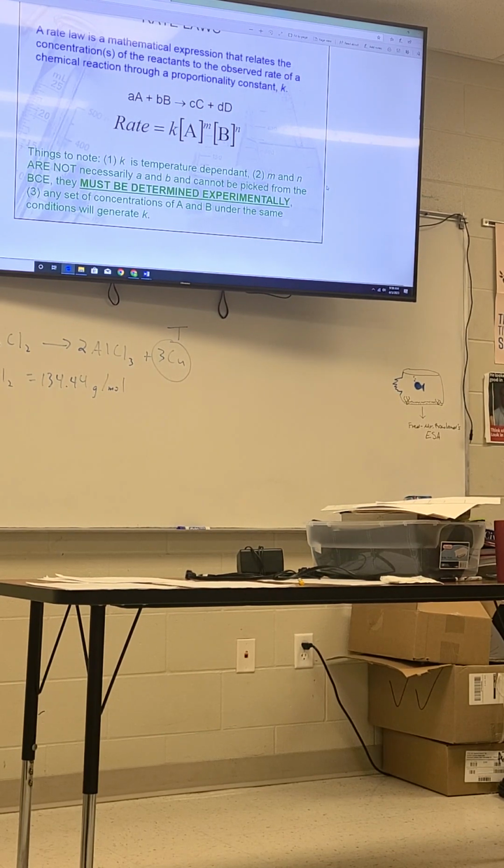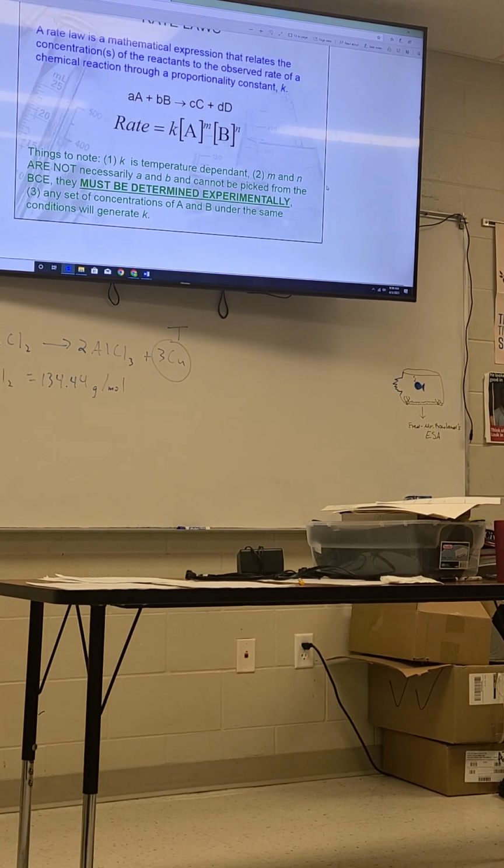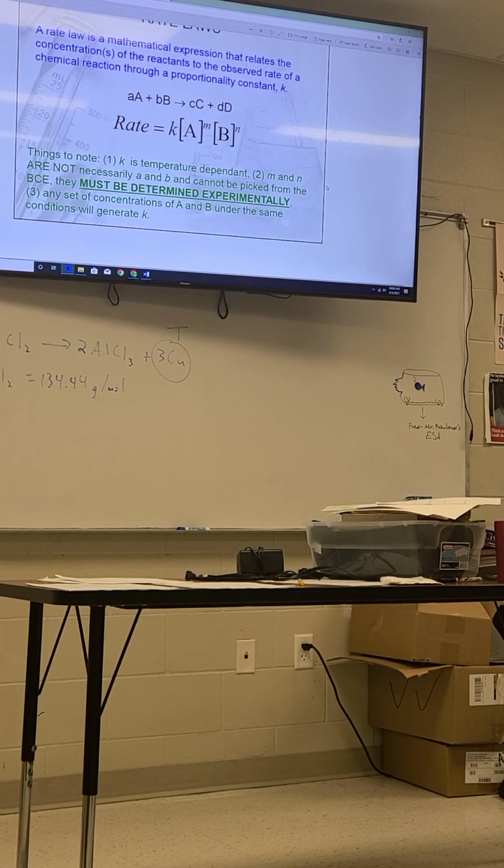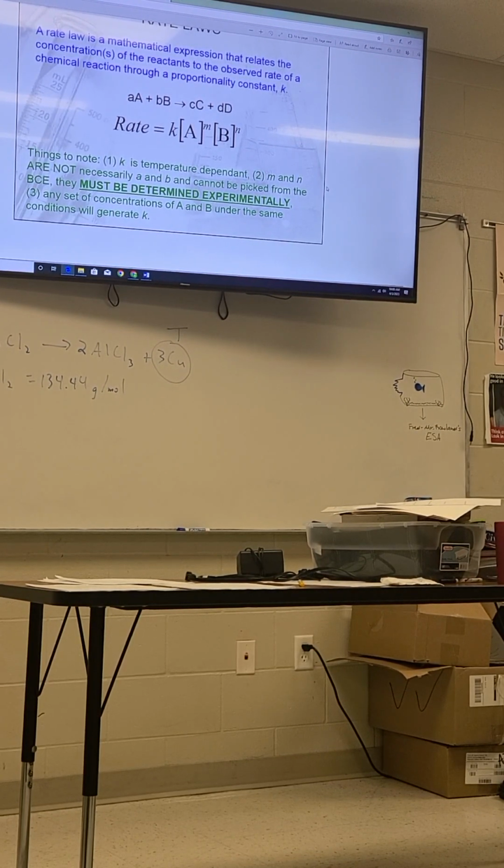So resist that urge. It's a very common lazy mistake, I guess. m and n could be the same, but oftentimes they're not. And m and n are normally going to be whole numbers, like 0, 1, 2. Normally.